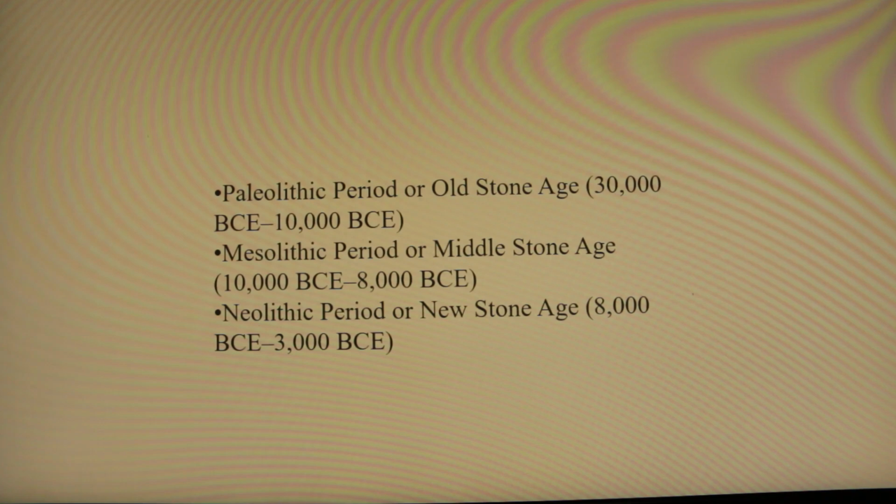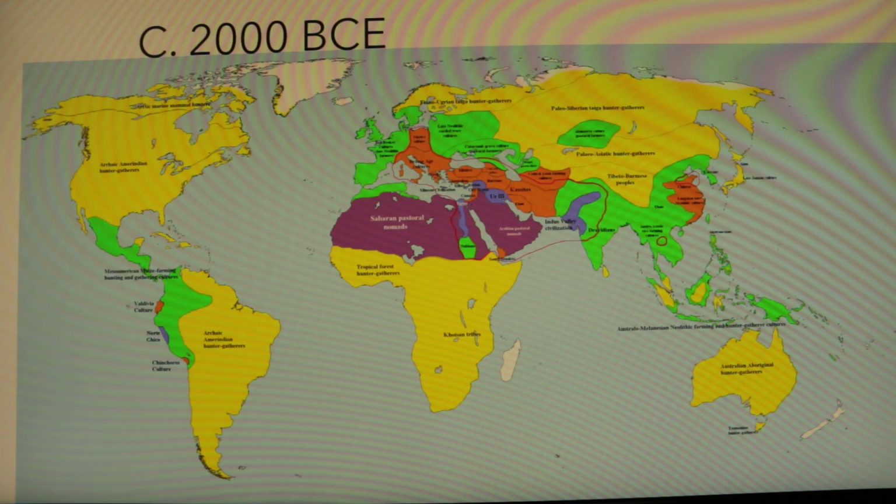So let's begin by talking about some of the earliest evidence of humans and their desire to create works of art. As you can see here on this map, we are looking at about 2000 BCE, and the green areas, so all of this green is where we start to see this development of, for lack of a better term, culture.